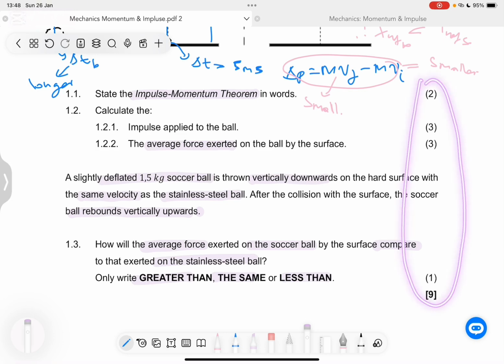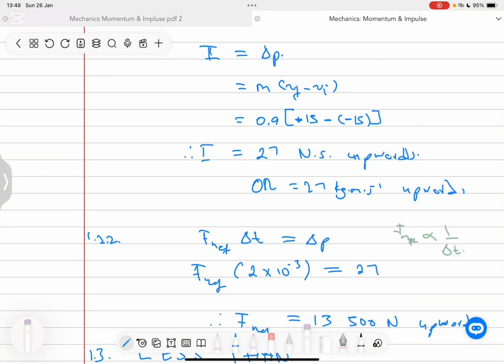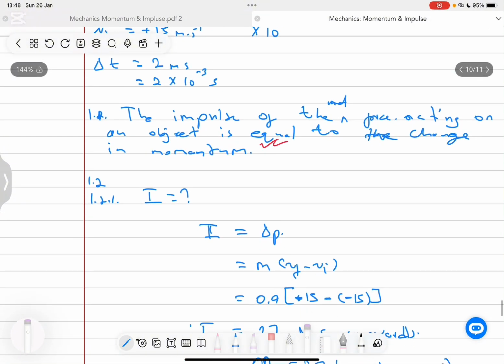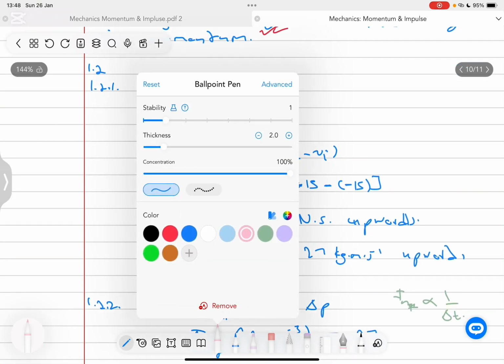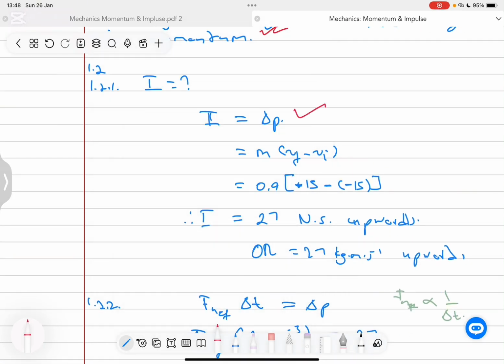Let us run quickly through how they're going to mark this question. We have 2, 3, 3, and 1. We spoke about how you get the 2 marks in 1.1. In 1.2, the 3 marks will come from writing the formula and the substitution. Now this is the same as this, so if you write this, you get 1 mark, and if you write this, you get 1 mark. It's the same thing.